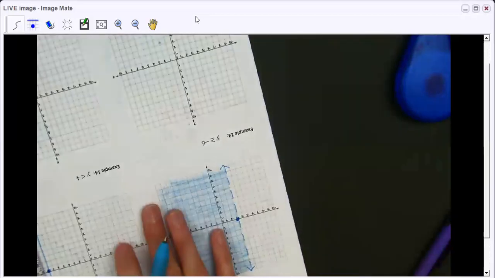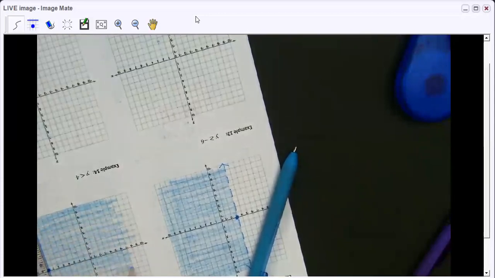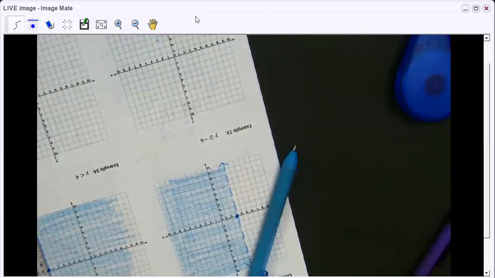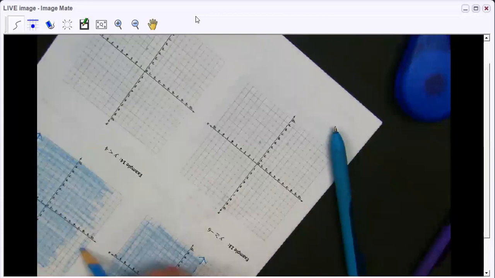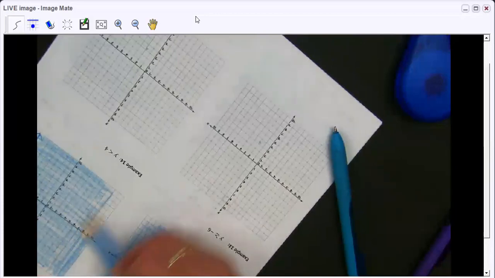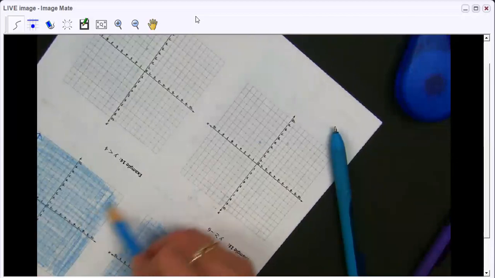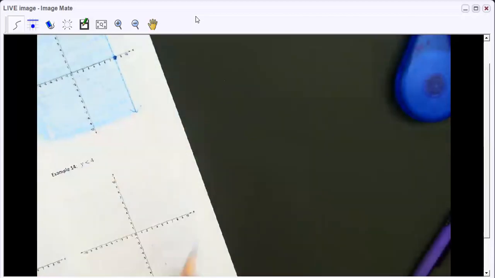So in this case, we will shade this way. It's just like on a number line. But don't get that confused with the inequalities where there is a slope, because that's above or below. This is just to the left or to the right.